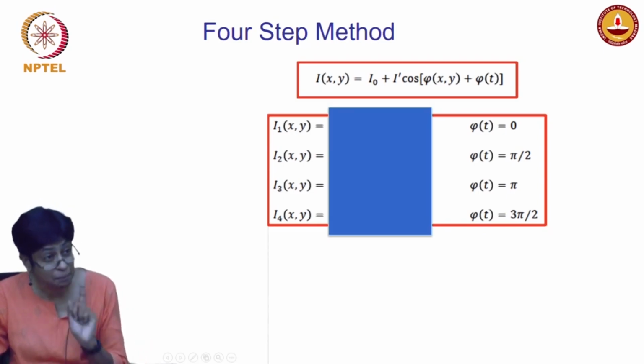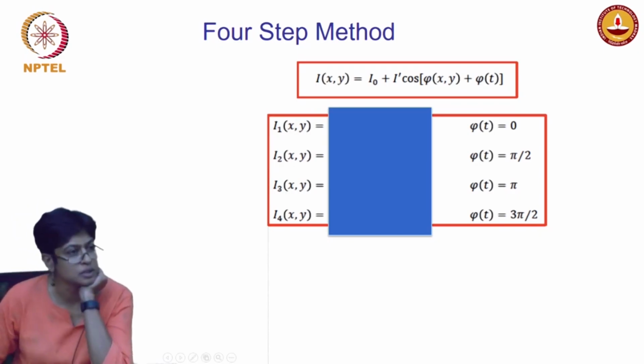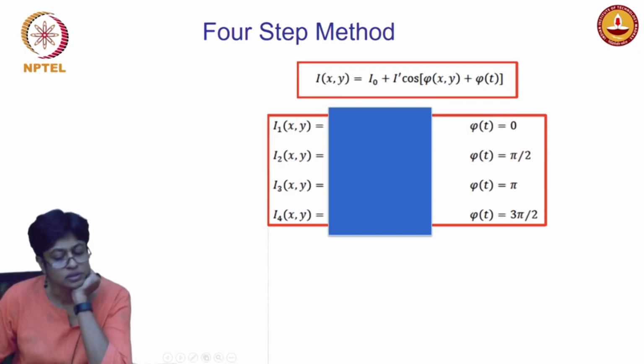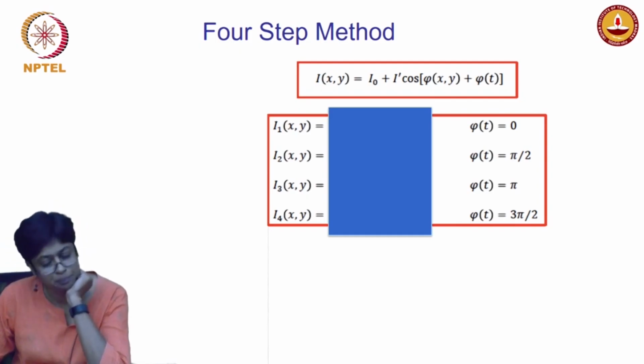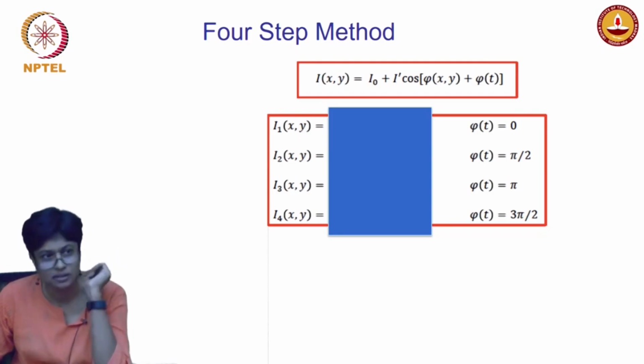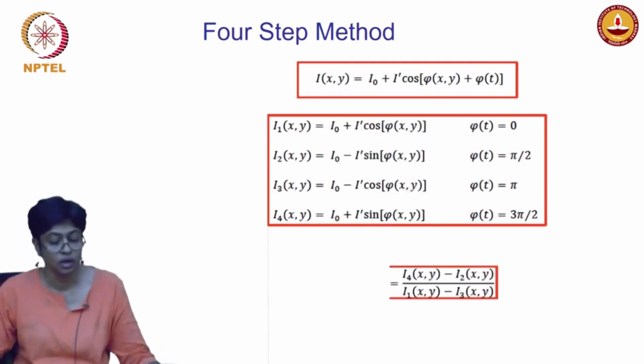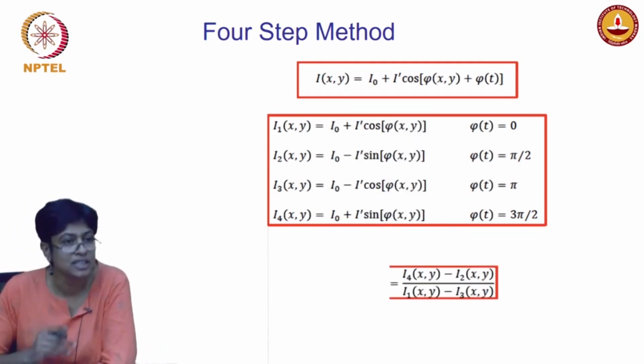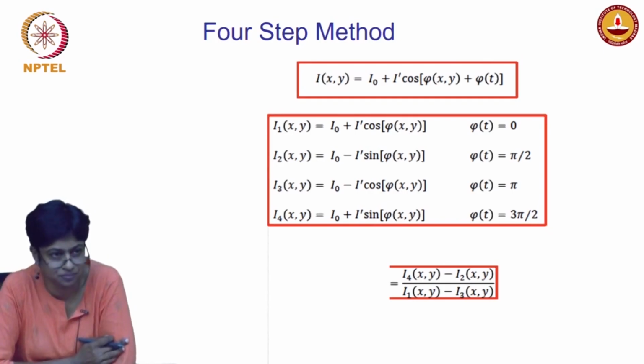Then I add pi by 2, I add pi, and I add 3 pi by 2. How will this expression change? What is cos of some angle plus pi by 2? Okay, what is it for plus pi? Minus, what is it for 3 pi by 2? All I am doing is changing my expressions like this. Okay.